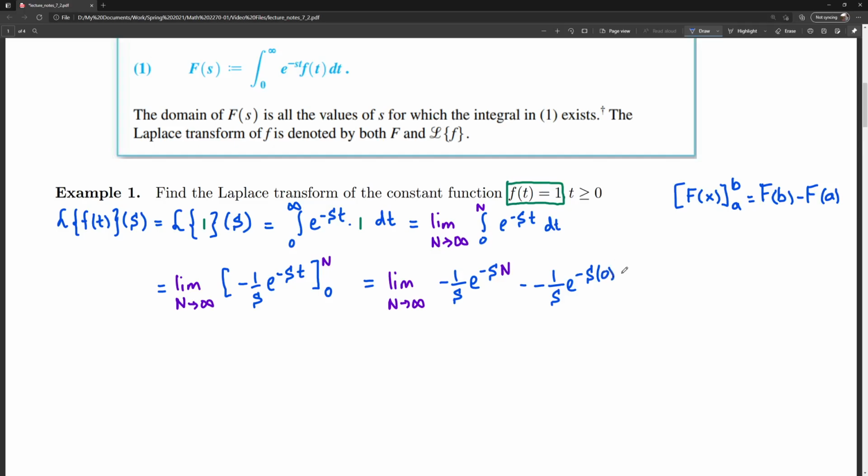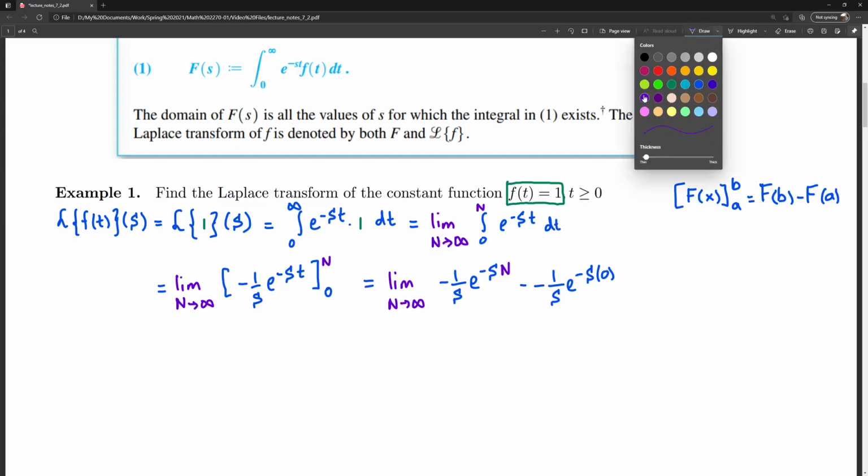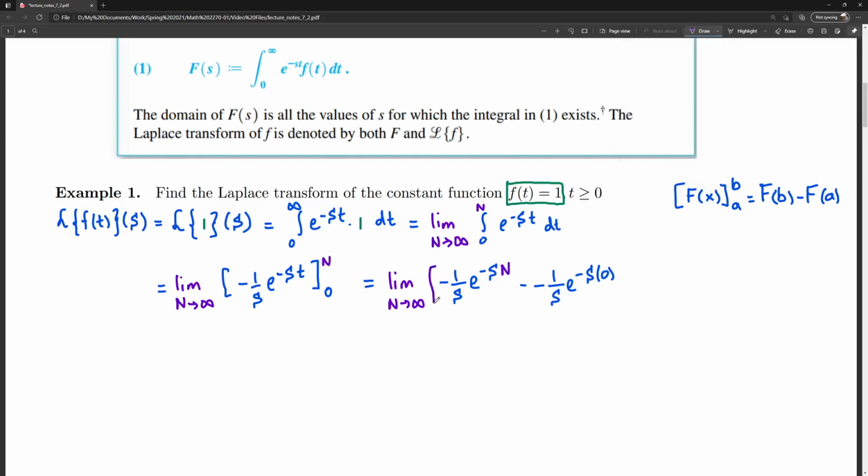times 0. Now, I can take the limit of all of this, but this is a constant in terms of n, so I only have to take the limit of the part that contains n.